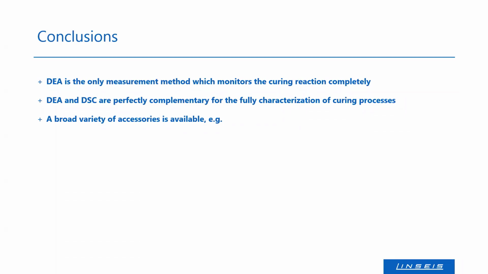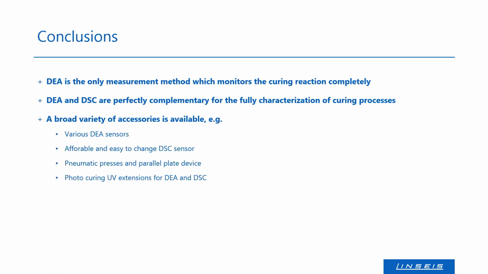A broad variety of accessories is available from us as the equipment manufacturer, as you have seen: various sensors for the DEA, also easy and cost-effective sensors for the DSC, presses, parallel plate devices, photo curing. UV lamps we can offer for both instruments, DEA and DSC.